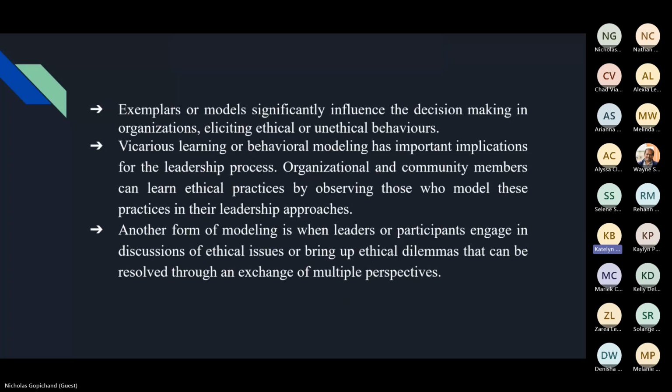Exemplars or models significantly influence the decision-making in organizations, eliciting ethical or unethical behaviors. Vicarious learning or behavioral modeling has important implications for the leadership process. Organizational and community members can learn ethical practices by observing those who model these practices in their leadership approaches.